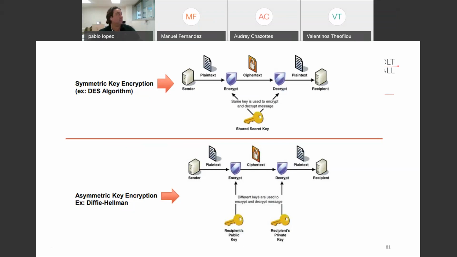Think about a house. You've got a door. What do you prefer? Do you prefer to share your key, or do you prefer to give permission to different keys that you have known or you have control over?